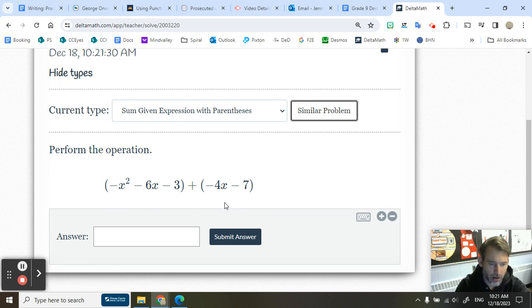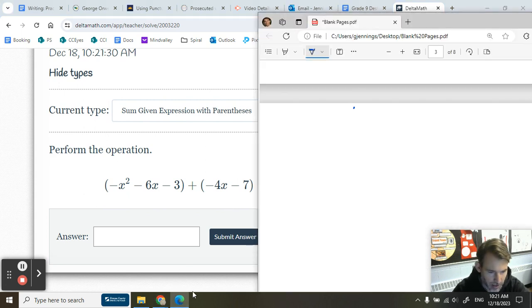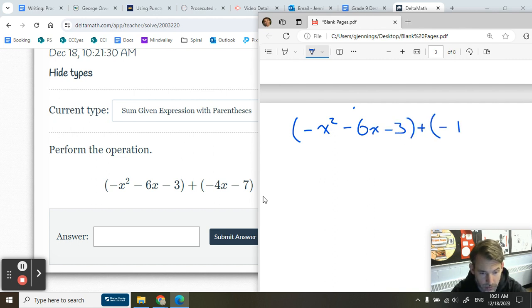We'll do this. Okay. So same thing we do here is copy the question out. So I've got negative x squared minus 6x minus 3 plus negative 4x minus 7.